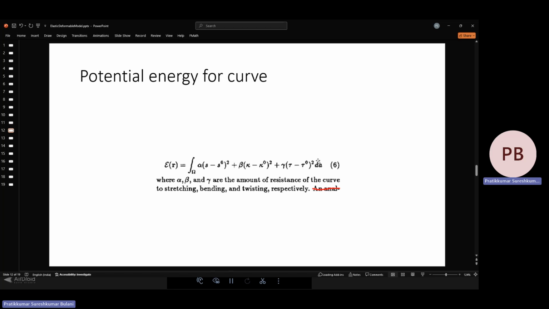I'm taking the differences, squaring them, and alpha, beta, gamma are the amount of resistance to be applied. So if alpha is more, then you are giving more importance to the change of length. If beta is high, then you are giving more importance to the change of curvature, and so on.